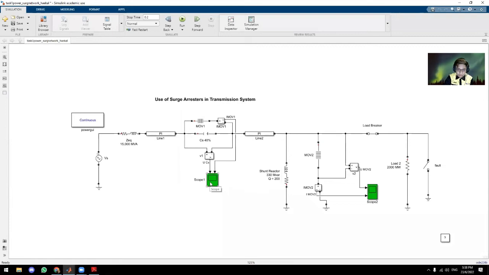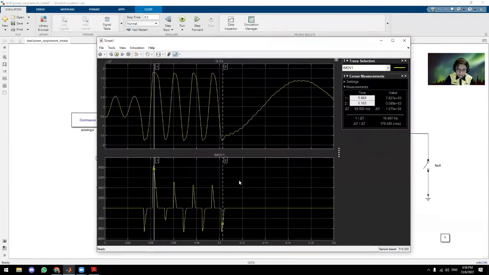and here shows the scope for the series capacitance. So as you can see here, this is the voltage versus time graph, and here is the current versus time graph. This is the current for MOV.